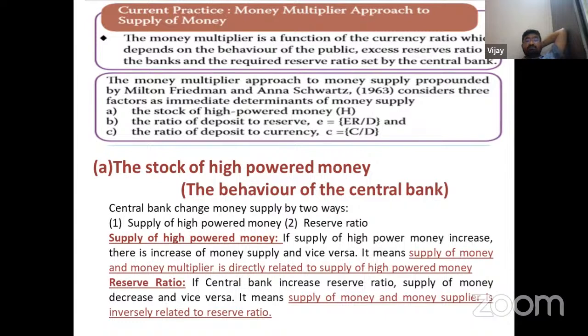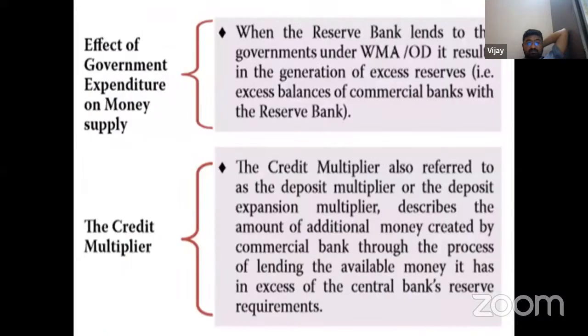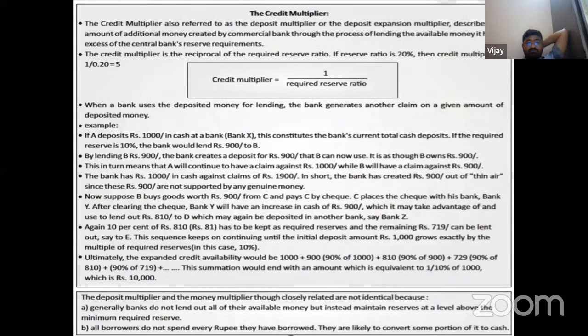Reserve ratio, for that we will discuss this. There is one more concept called credit multiplier. Sir, if a person deposits ₹1,000 in a bank, then the bank deposit liability will be 1,000.